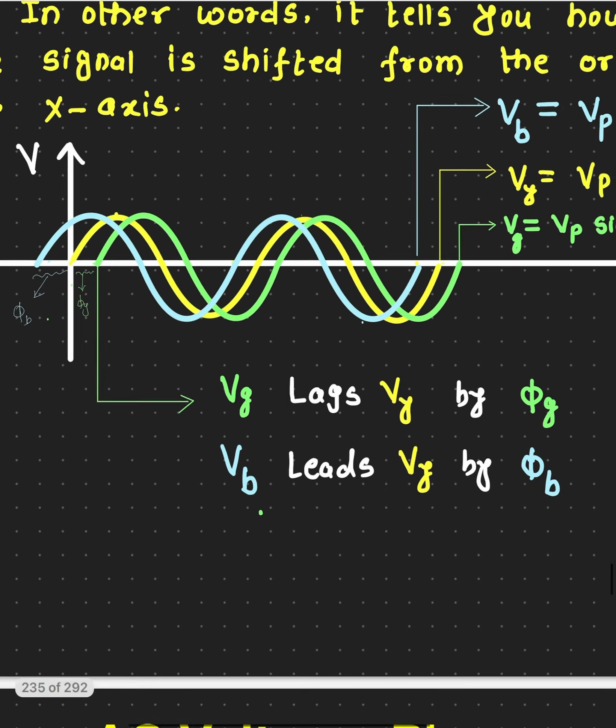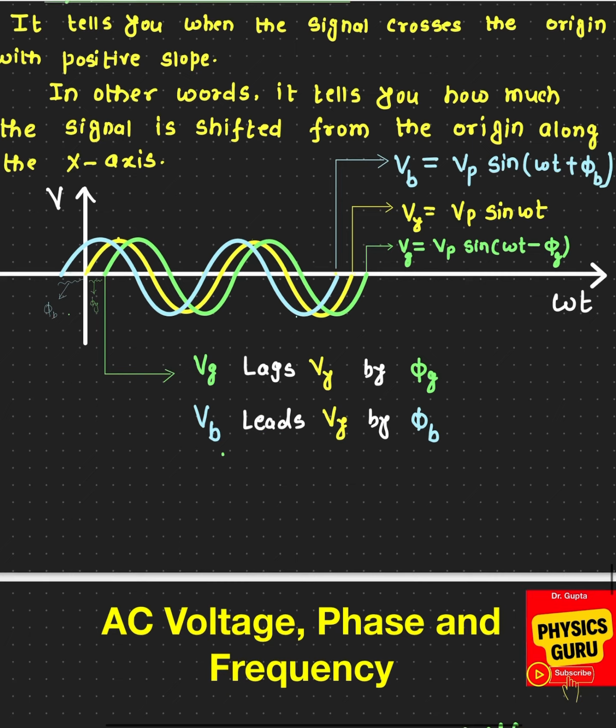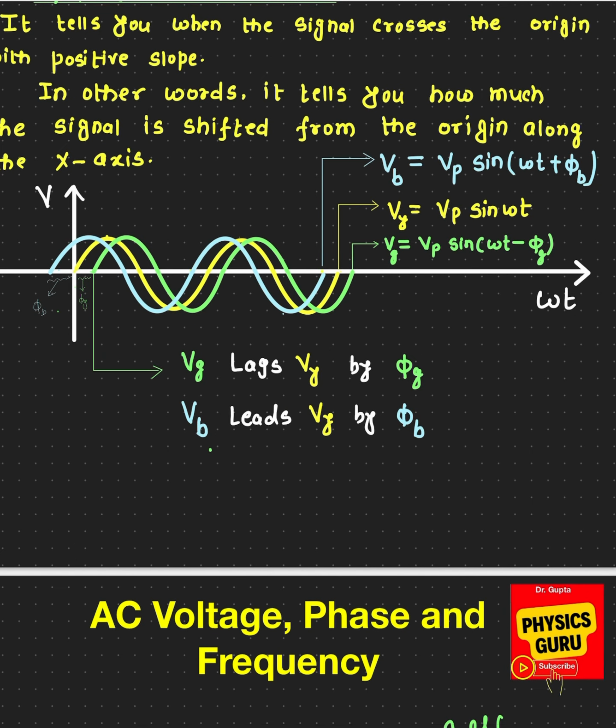So how do I write down the equation here? For the blue one, we always write Vp, which tells you the peak voltage, then sine, omega t, and the phase would be phi b. Why positive here?